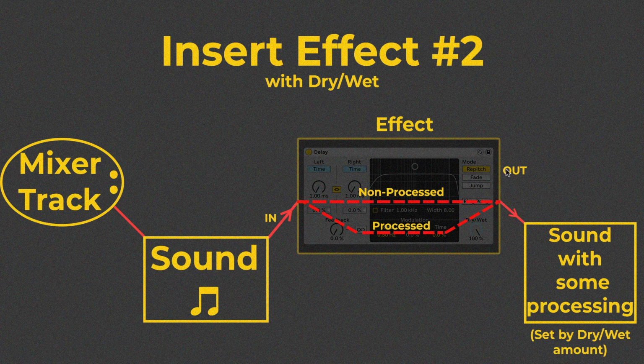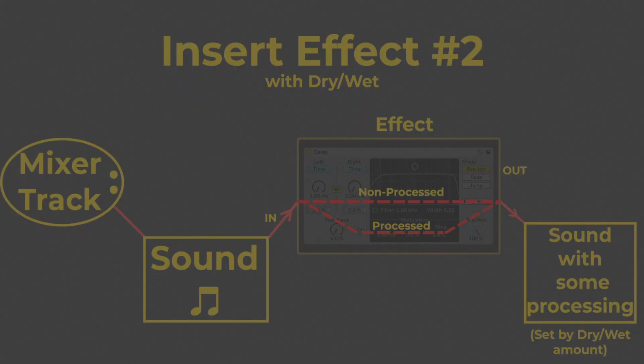And then what happens at the output is we get these two signals combining and blending in some way so that we end up with the sound with some processing, where the amount of processing is determined by the dry-wet amount. And this actually means that it might have no processing if the dial is set all the way in one direction to the dry end, or it might have just processing if it's set all the way to the wet end.